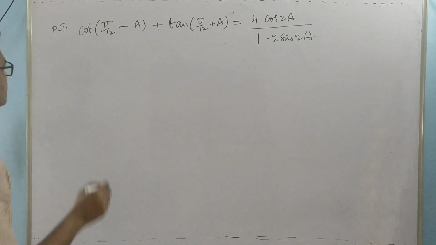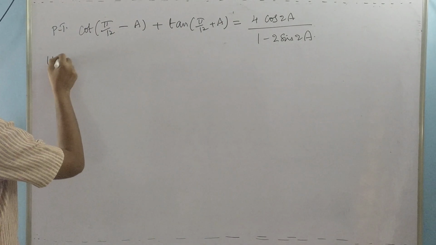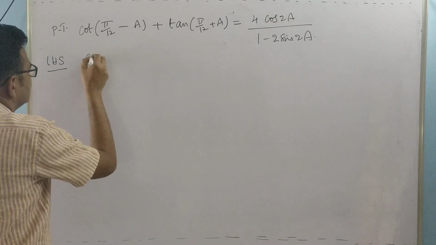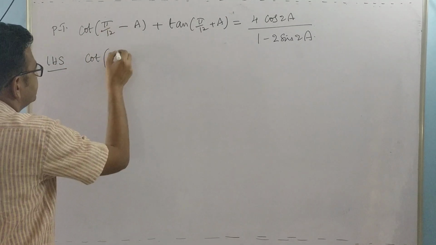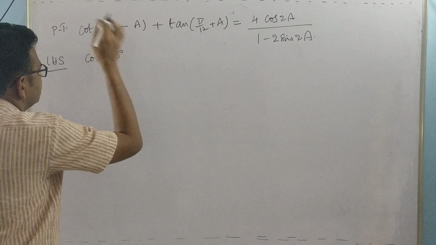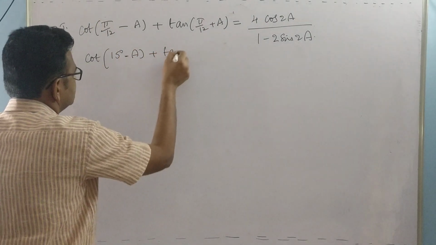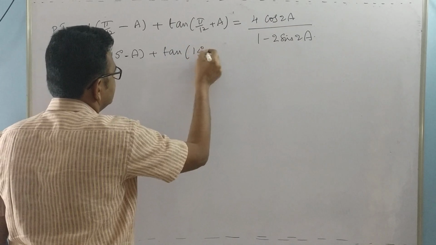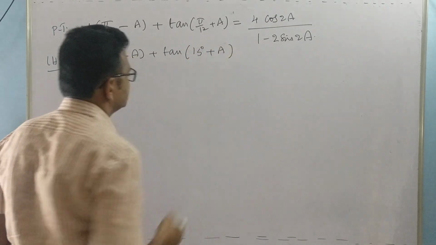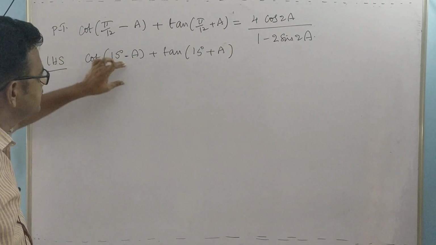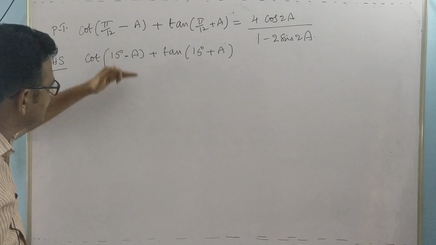Now this is the LHS. So this is cot of 15 degrees minus A, since 180 by 12 is 15, plus tan of 15 degrees plus A. Now cot A you can convert in terms of cos and sine.